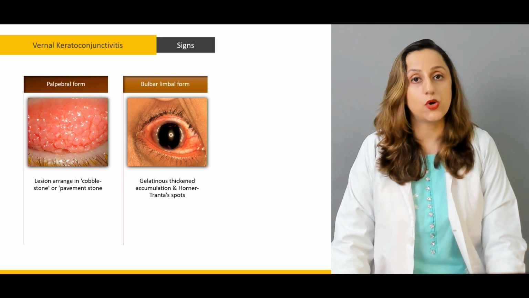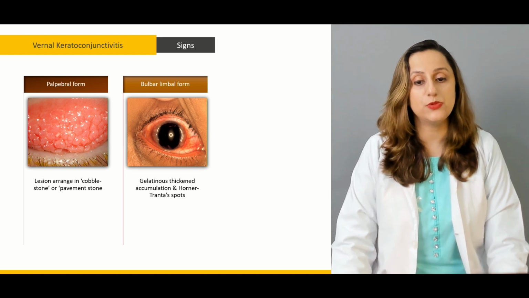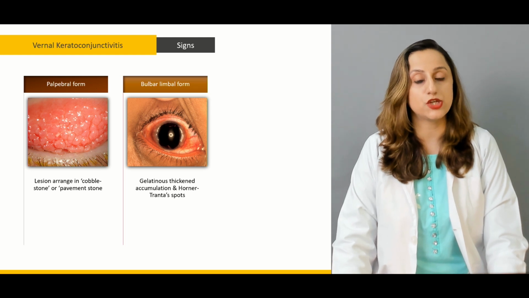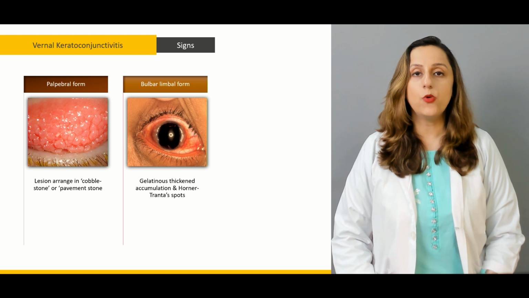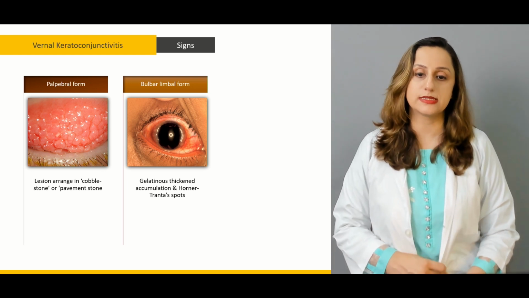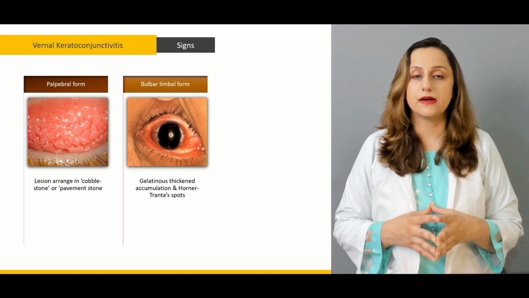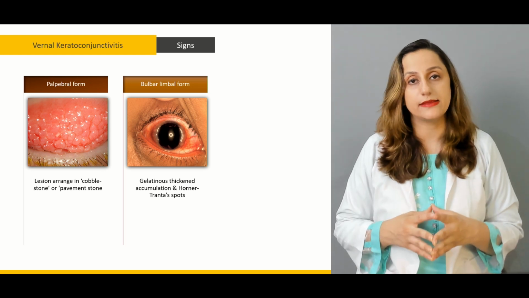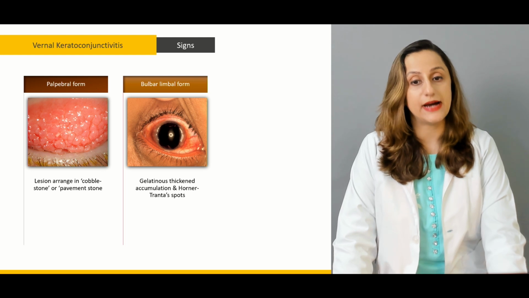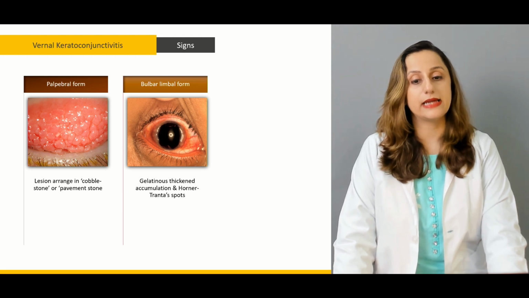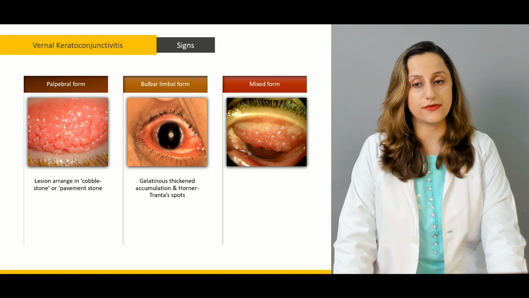Then we have a bulbar or limbal form in which we have gelatinous thickened accumulation and Horner-Trantas spots. Now, what are these Horner-Trantas spots? They basically occur at the cornea, and they are responsible for the deposition of the fat that highlights this Horner-Trantas spots appearance.